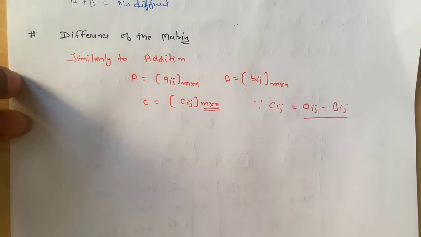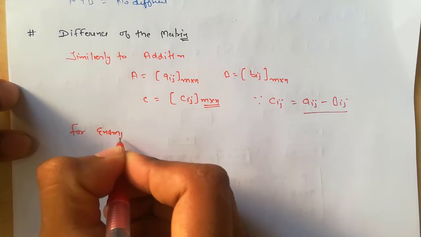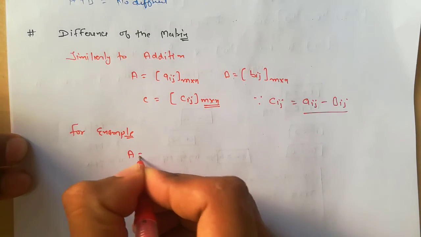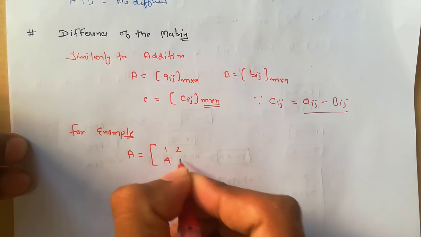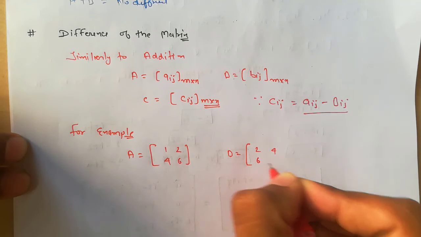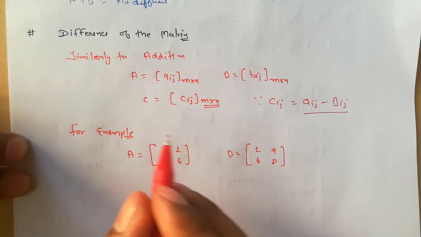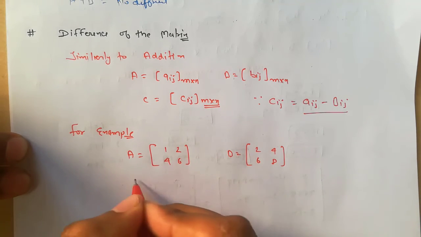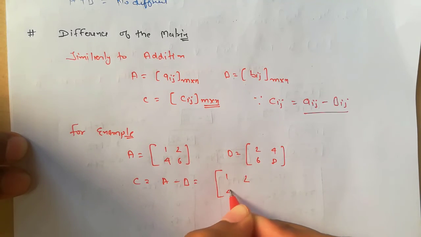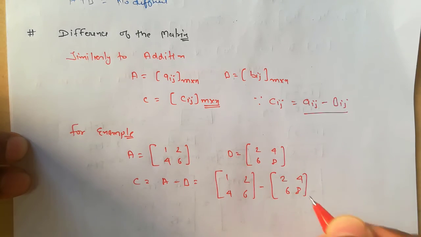For example, A is 1, 2, 4 and 6, and B equals 2, 4, 6 and 8, and we want to subtract matrix B from A, so C equals A minus B. It means the matrix 1, 2, 4, 6 minus the matrix 2, 4, 6, 8.